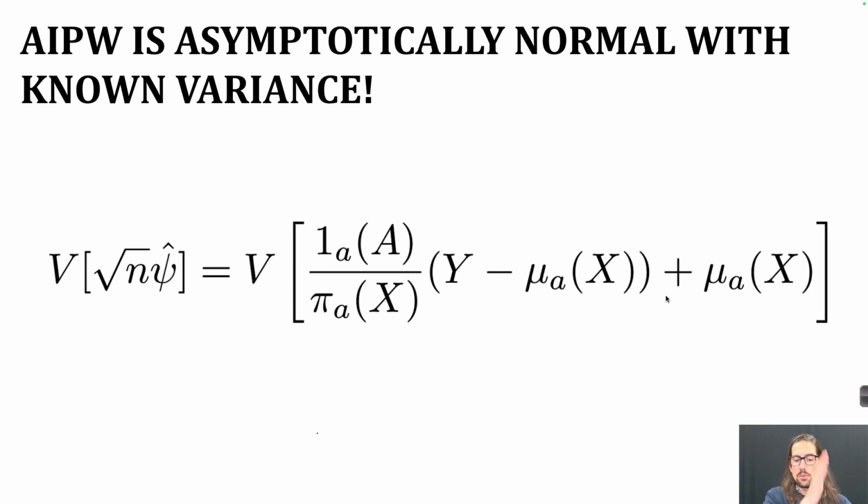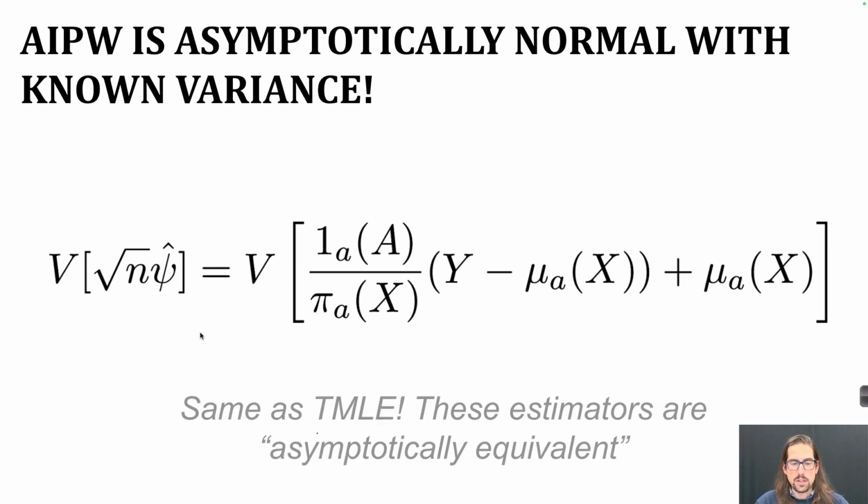If you have your data set, which is x, a, y, you do a mutate to get your mu1, mu0, and a mutate to get your pi1, pi0. Those are all just the cross-fit predictions. Then another mutate to get this term here, and you take the variance of that column. That is your asymptotic variance. You can divide that by n and take the square root to get an asymptotic standard error and build a confidence interval.